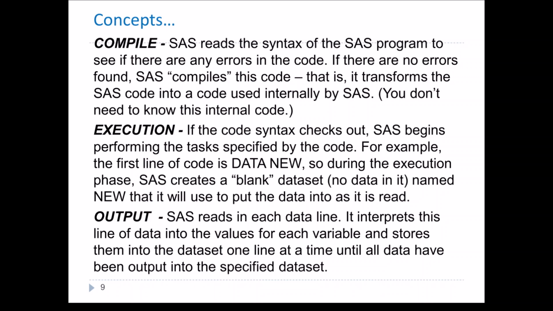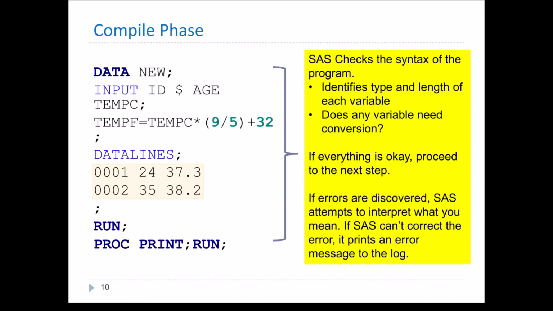You could have many coded lines of calculations and other kinds of things, as we'll see later on in the book. And then finally, the output phase is where SAS reads in each data line, interprets the line of data, and then outputs it line by line until you have an entire data set.